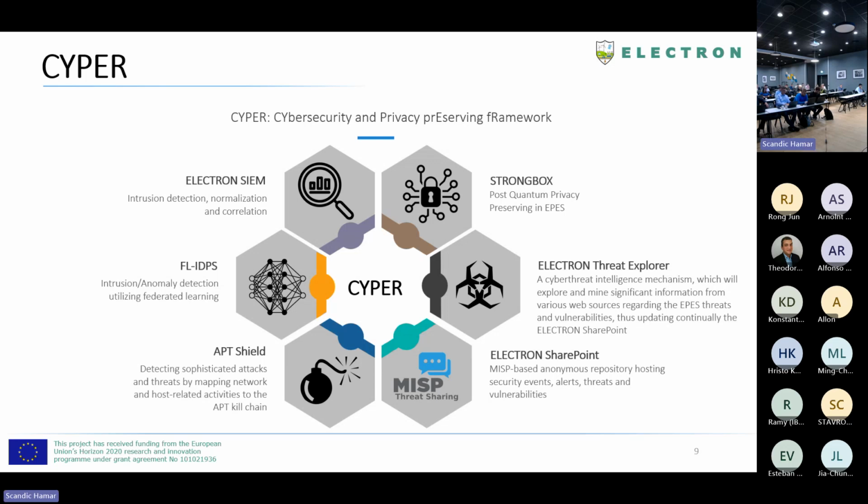This means that Strongbox combines both artificial intelligence and cryptography techniques in order to apply anomaly detection based on encrypted data. Finally, the ELECTRON Threat Explorer is a data mining mechanism in order to identify and explore potential new threats related to the energy sector.